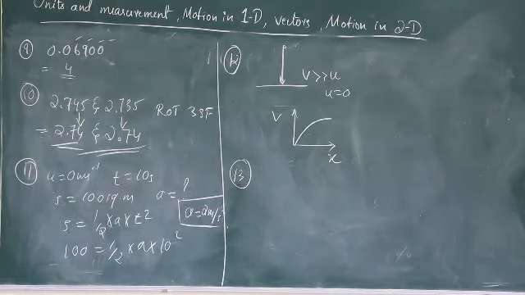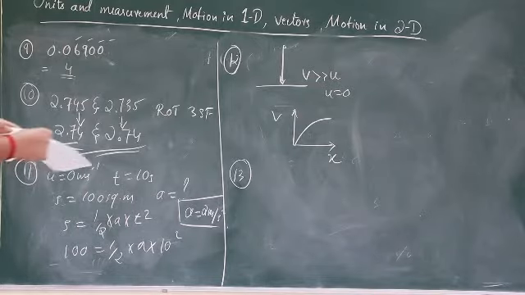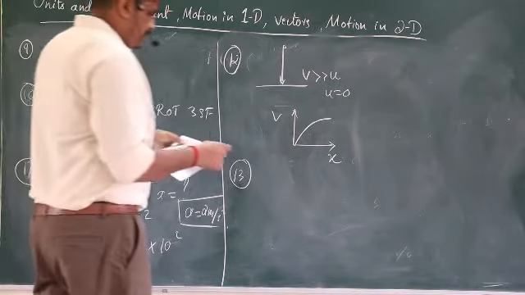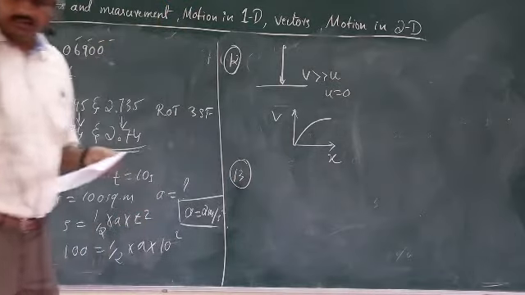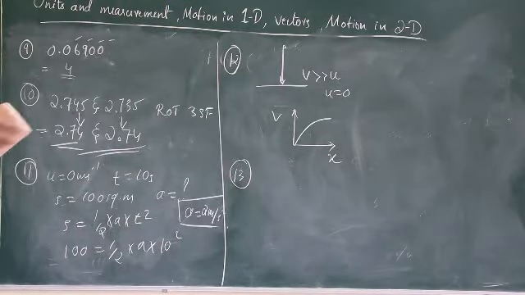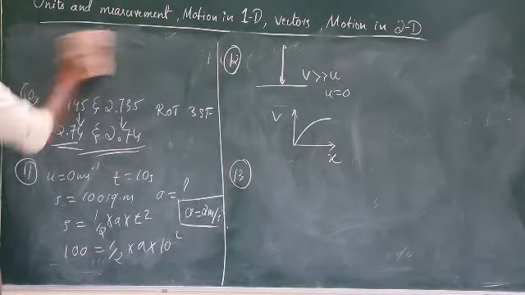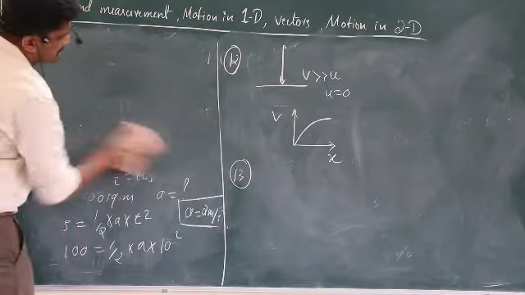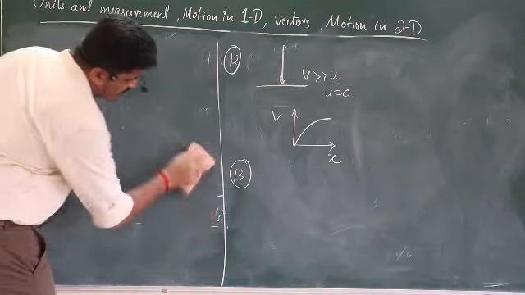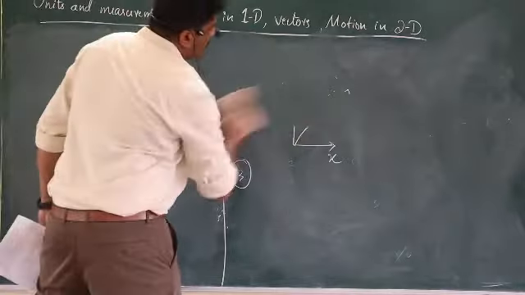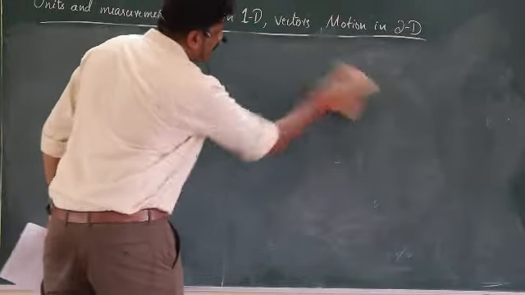Question number 13 is all about the relation between time t and distance. I will erase this, as I may require more space.